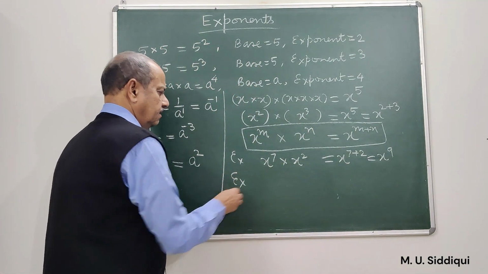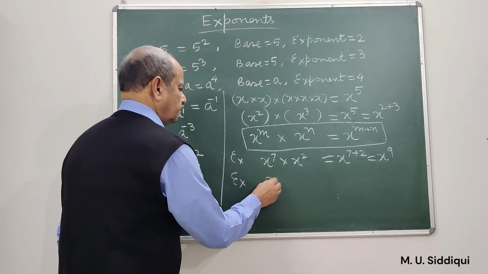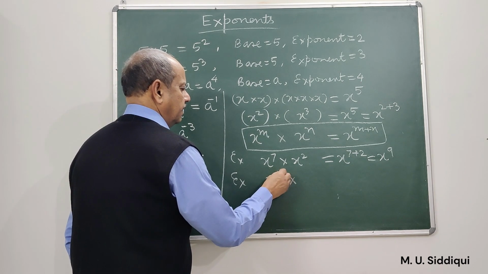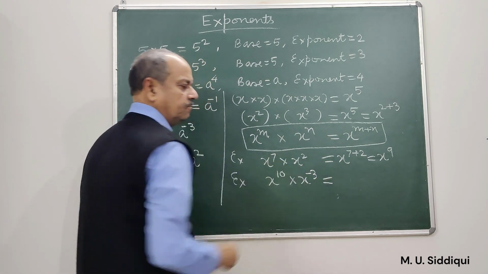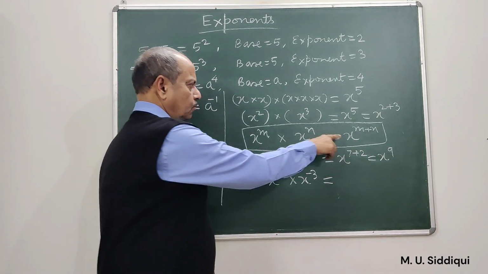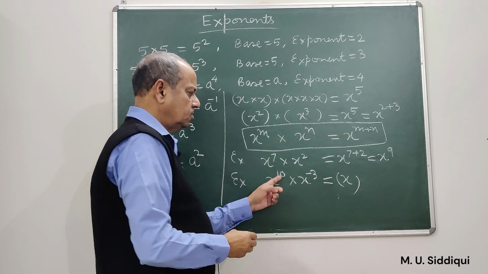Another example we can take, say x to power 10 multiplied by x to power negative 3. We are multiplying them together. So what does that formula say? You will write the same base x raised to power sum of these two.